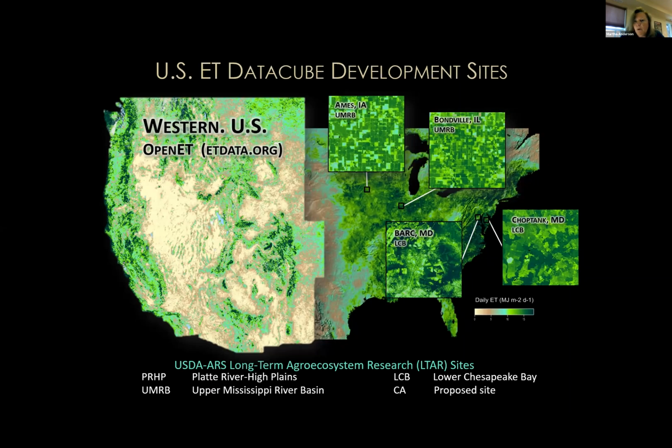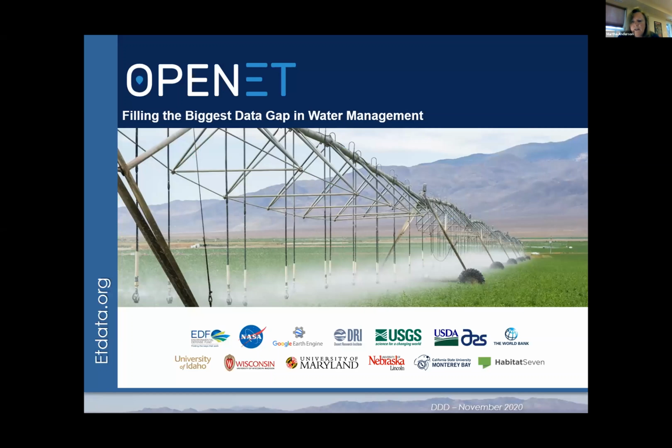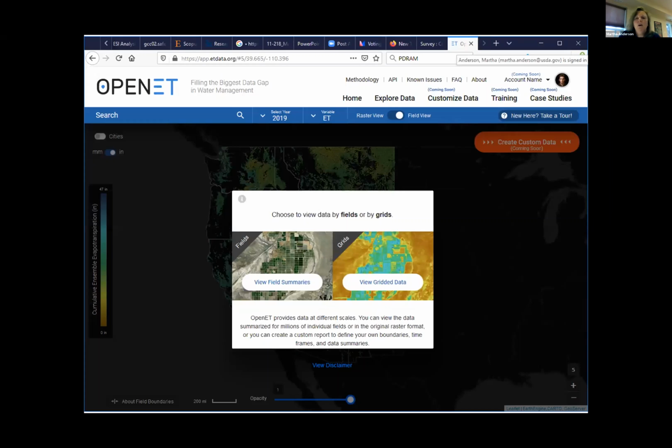And the goal here is to port a number of high-resolution ET remote sensing models to the Google Earth Engine platform, where the satellite data already resides, so that these models can be applied efficiently and quickly over very large areas, and that data can then be disseminated very efficiently to the end users, to the growers, and to the water resource managers. We're in the development stage right now. If you go to etdata.org, you'll get some information about the project and some of the partners. We hope to release the platform early next year.